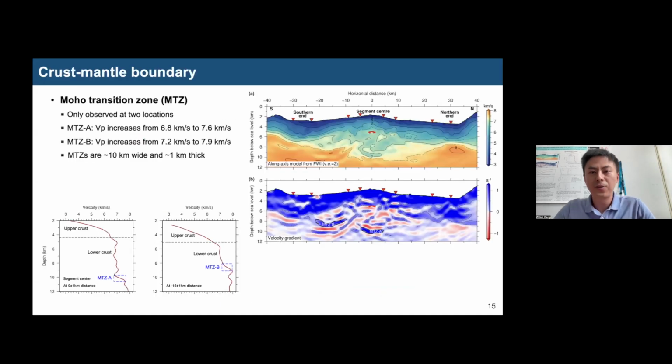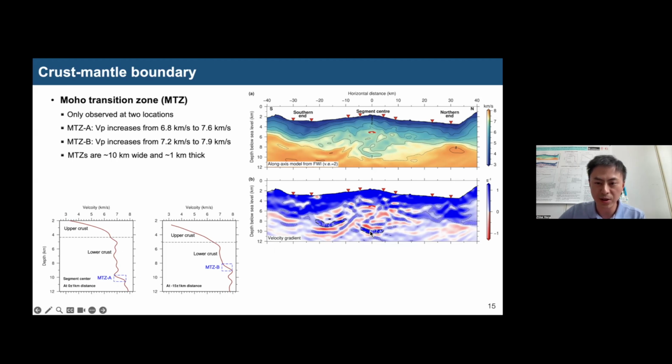Now let's first talk about whether we have a crust-to-mantle boundary on this ridge segment. On this ridge segment at two locations, we interpret the Moho transition zone, which is shown on the right in figure B. Of these two figures, the top one is the velocity model, and the second one is the vertical velocity gradient. We can see that at two locations, we have high velocity gradient, and the 1D velocity profiles are shown on the left-hand side.